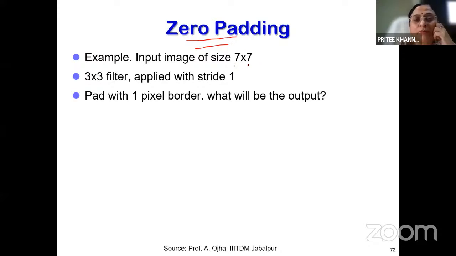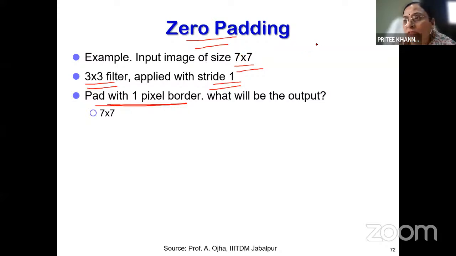Let us say your input image is of size 7 cross 7, and your filter is 3 cross 3, and your stride is 1. So what will happen? Let us say you have padded your picture with 1 pixel border. The size will be retained, because with a 3 cross 3 filter, the size was reducing.